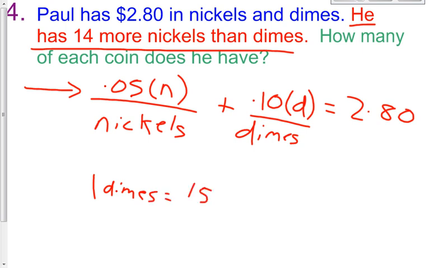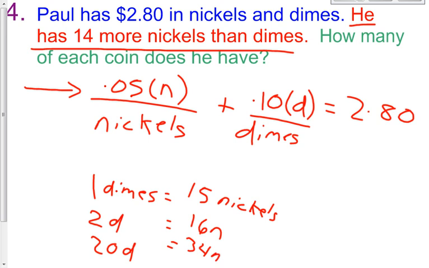So wouldn't he have 15 nickels? Because he has 14 more of them. If he has 2 dimes, he would obviously then have 16 nickels. If he had 20 dimes, I know that he has 14 more nickels, so he would have 34 nickels.